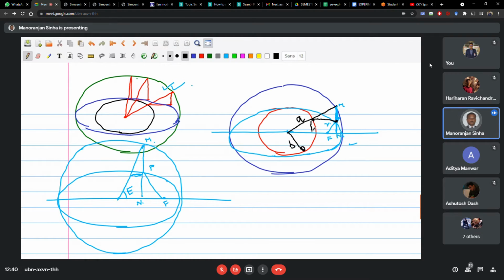So this quantity from here to here, this angle is E. So this quantity is b sin E. And similarly, the quantity which is present here is a sin E. You can check the ratio.